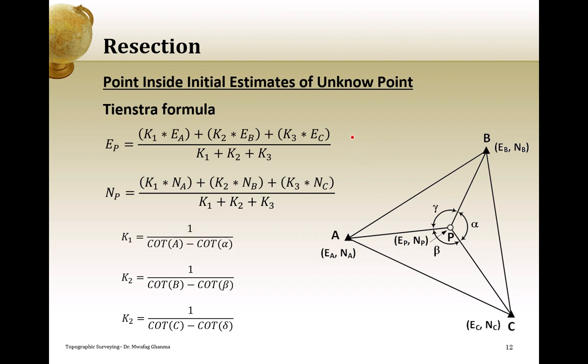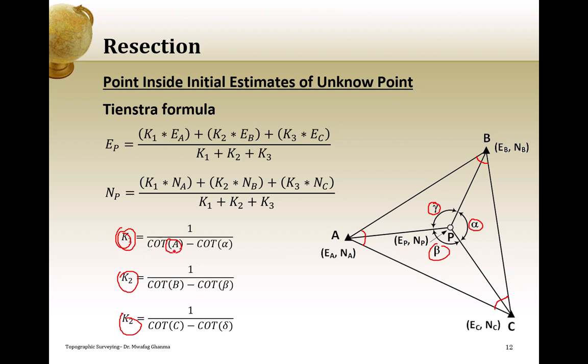We are not here for the proof of the method, but the method works, and all we have to do is calculate three quantities, K1, K2, and K3, from the cotangent of angle A, and this is angle A, and this is angle B, the interior angle of the triangle, and this is angle C, and opposite to it there is gamma. A is opposite alpha and B is opposite beta.